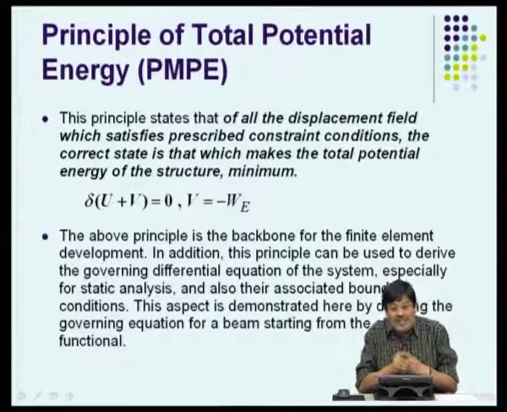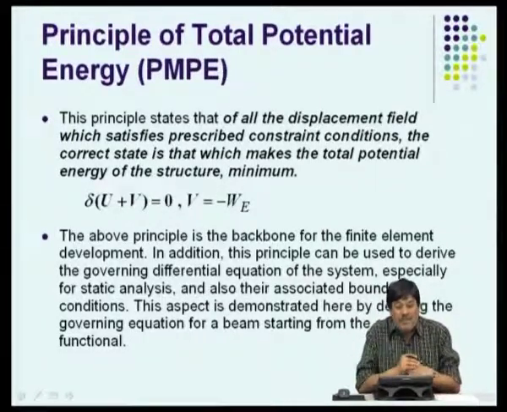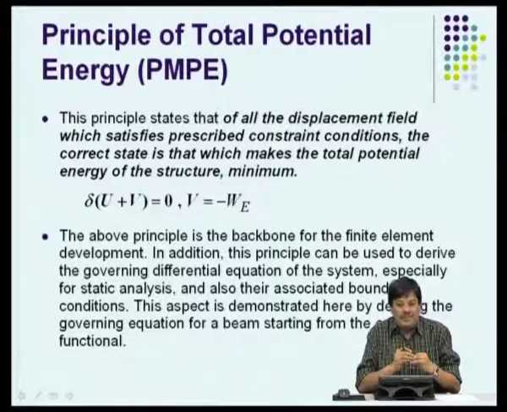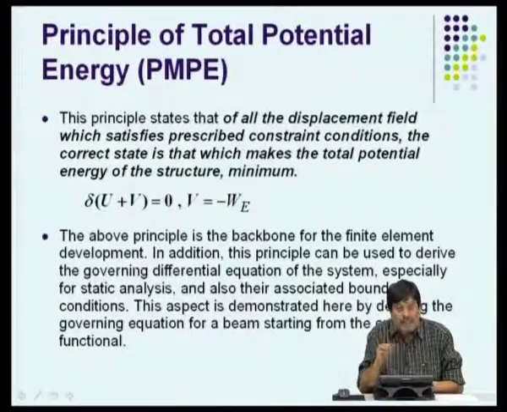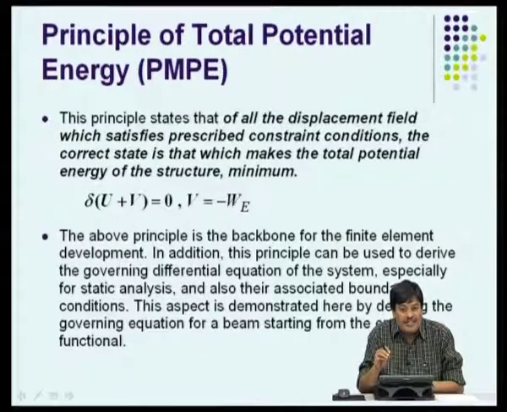So, now we see where this theorem is coming from, it is coming from the principle of virtual work. Basically this principle says that we cannot solve the governing equilibrium equations exactly. We are trying to find an approximate solution, and an alternate statement of equilibrium is the total minimum potential energy.